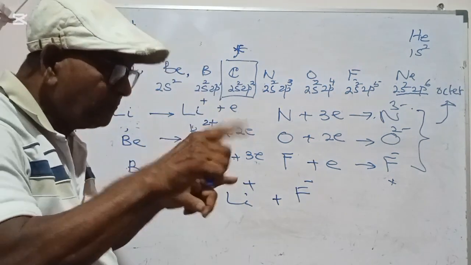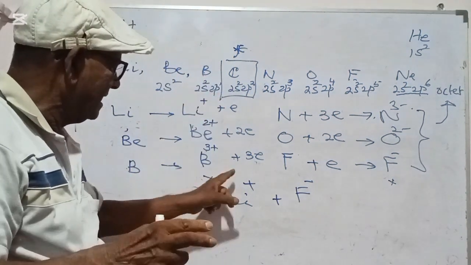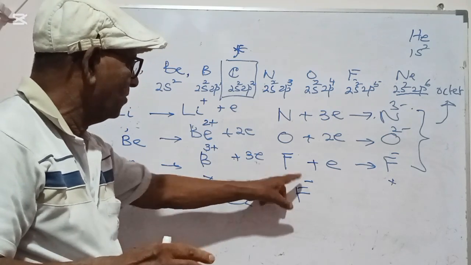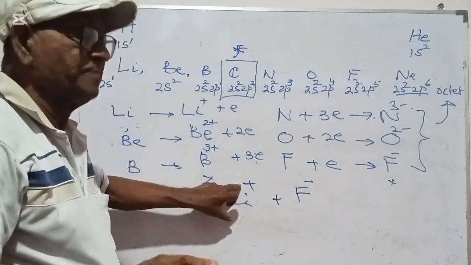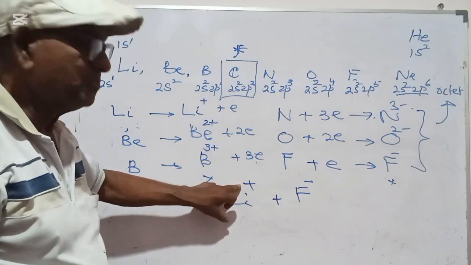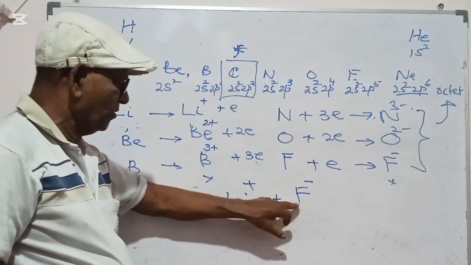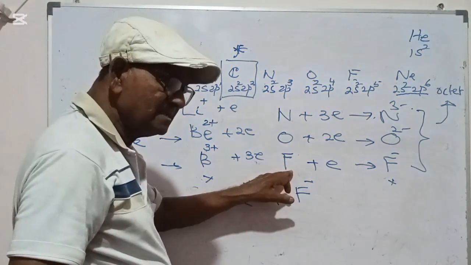Due to the exchange of one electron, Li removes it and fluorine has taken it, so Li becomes a positive ion and fluorine becomes a negative ion.